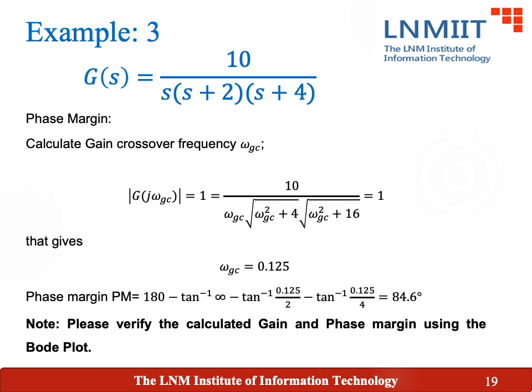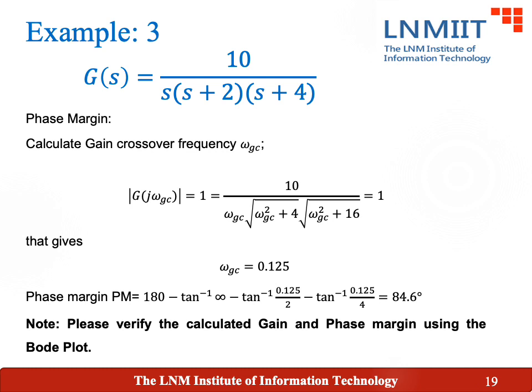Similarly, we will measure the phase margin of the system. For the phase margin, we have to find the gain crossover frequency. At the gain crossover frequency, we know that the magnitude of the system is equal to 1. So substitute that condition, mod of G(j omega gc) equals 1. When we solve this equation, omega gc will be equal to 0.125.